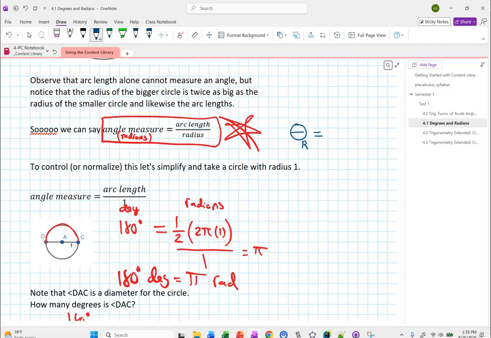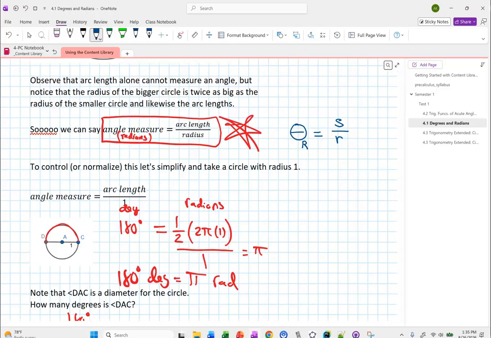And then arc length, I'm going to use the letter S. And radius, I'm going to use the lowercase letter r. Everybody's okay here? Yes? So that's another way to write the arc length over radius. This is just the same formula with symbols instead of words. That's all I'm doing.